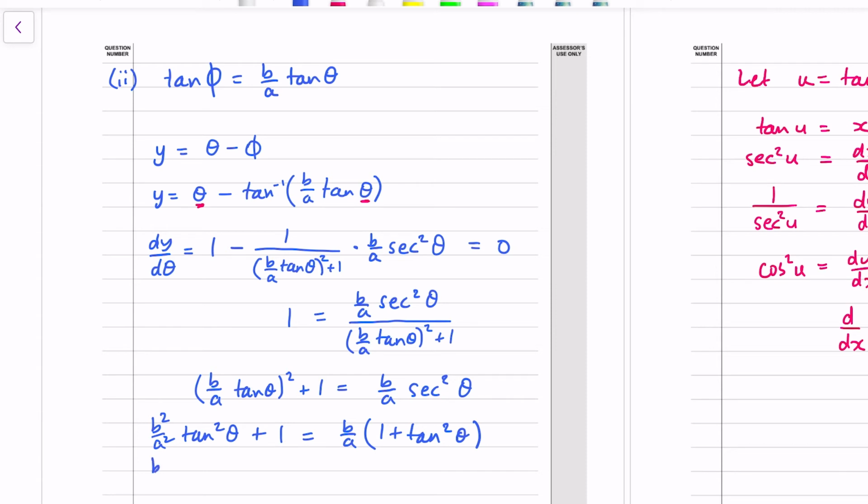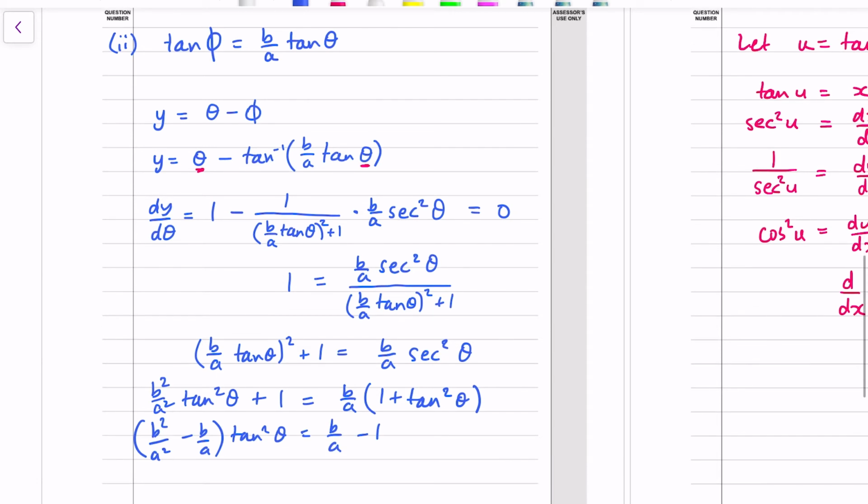Okay, so I've got b squared over a squared minus b over a, all times tan squared theta, equals b over a minus 1. Just rearranging that. Now if I put the fractions together on the left hand side, I've got b squared minus ab over a squared, and on the right hand side I've got ab minus a squared all over a squared.